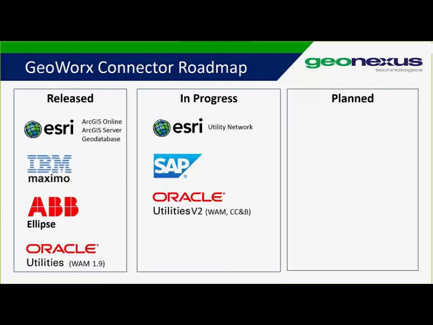And the interesting thing about this is that it will support all of the Oracle Utilities products, whether it's CCMB, Oracle WAM 1 or 2.0, 2.2, Meter Data Manager, MWM, and so forth, because all those products are built on the same foundation from Oracle, and our connector utilizes those APIs, and so we'll fully support all those products.